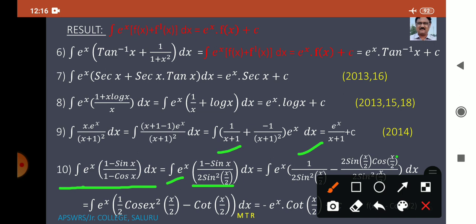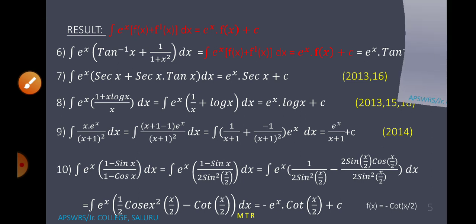But in the same multiple submultiple chapter of first year trigonometry, you know sin a is equal to 2 sin a by 2 cos a by 2. So sin x is equal to 2 sin x by 2 cos x by 2. Okay. You write this 2 sin square x by 2 as it is here.